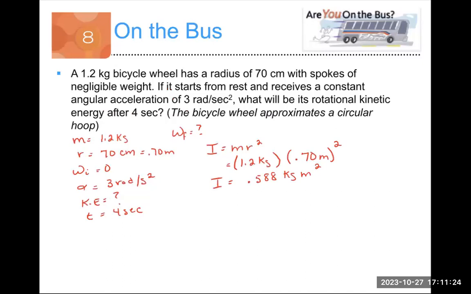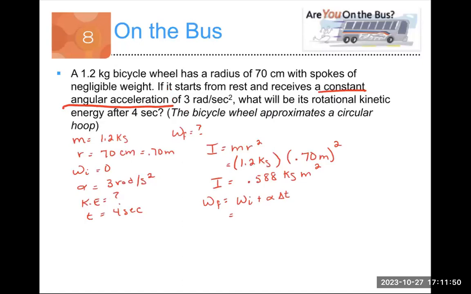Now, it is telling us that it is a constant angular acceleration. So we know we have kinematic equations. So we need to find our omega F. So our omega F is going to be omega initial plus alpha delta t.